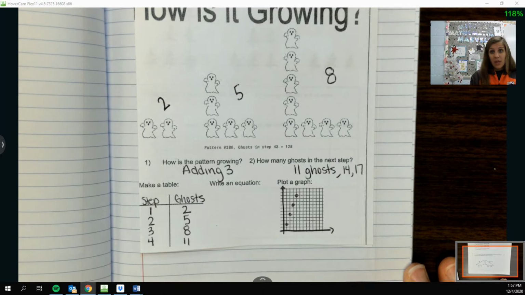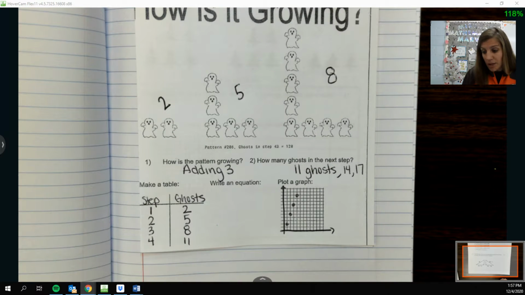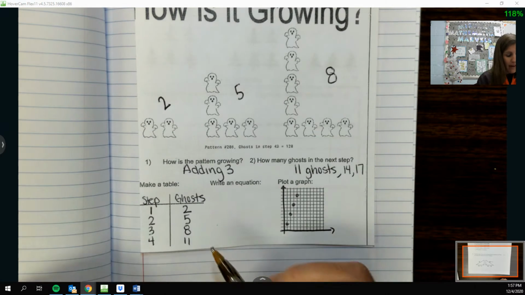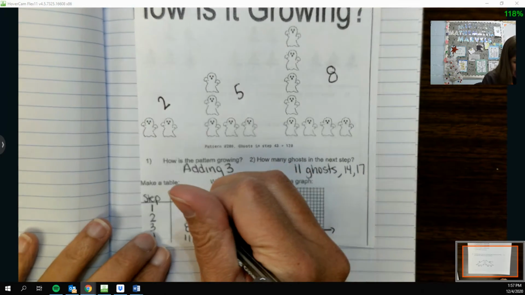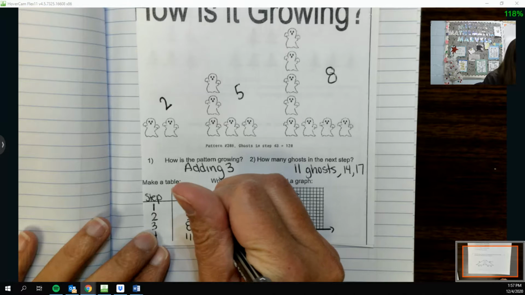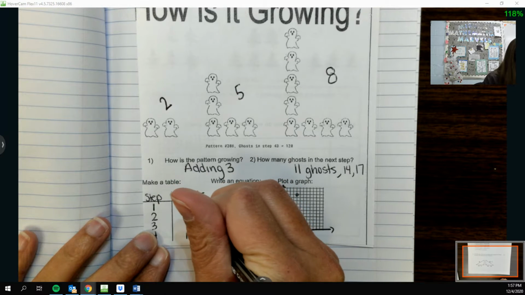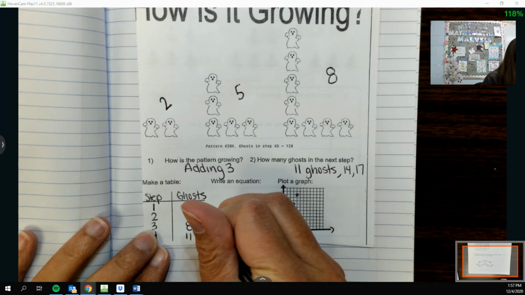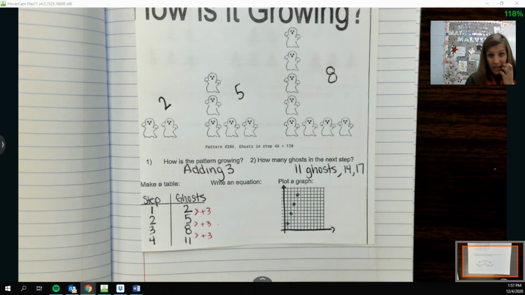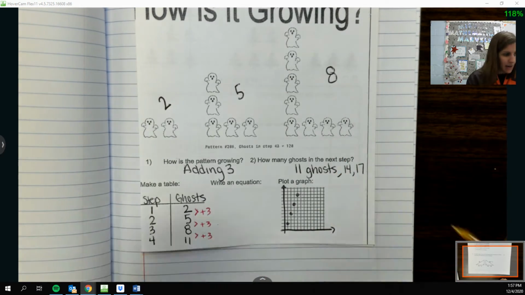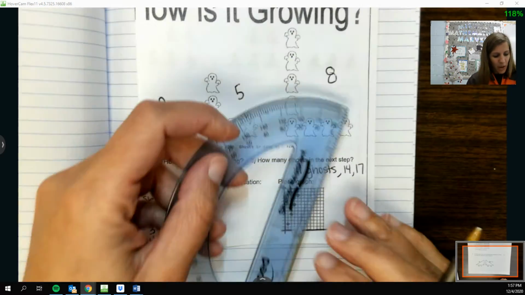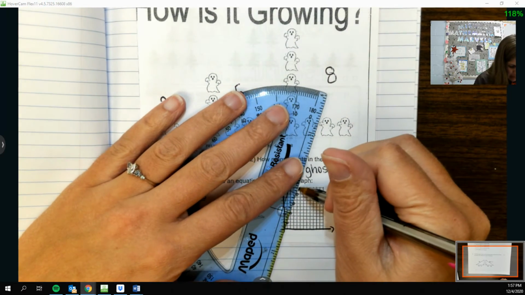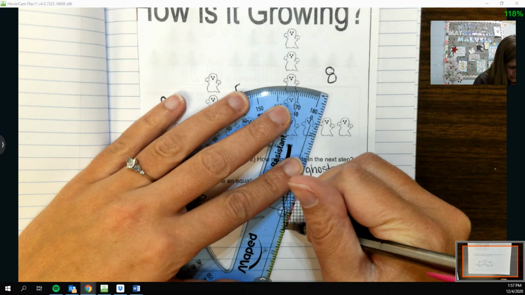So, some things to notice. First of all, if I think about how the table is growing, each time I go up a step, I add 3. Also, something to notice is that when I look at a graph, this graph right here, I am able to perfectly connect all these points with a line.